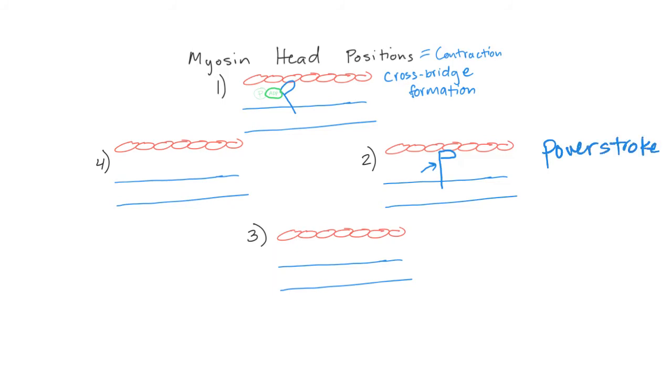This is where it actually moved. And when this happens, we've used up all the energy from ATP, and our ADP and P are released.